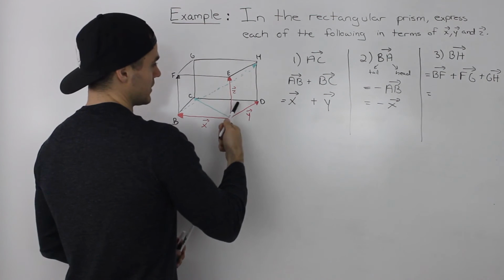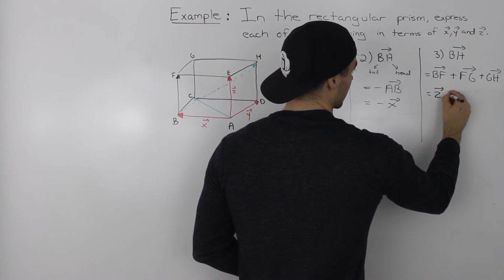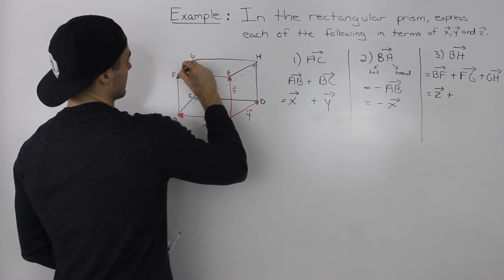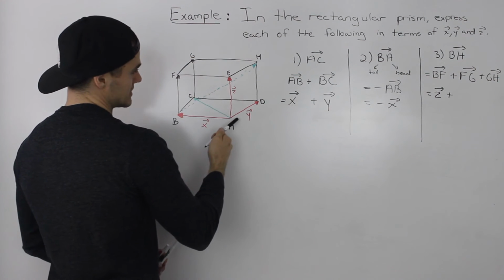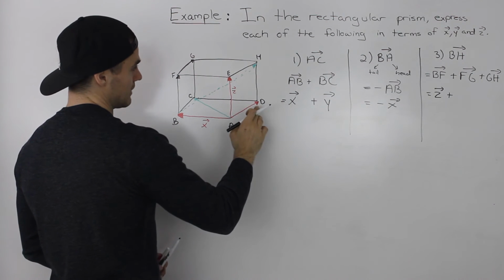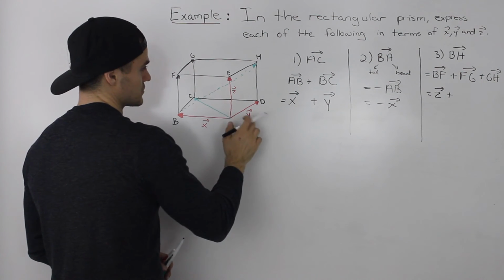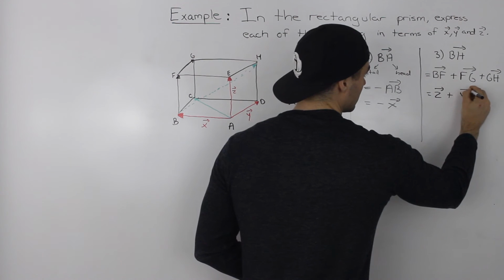So BF we could rewrite as vector Z. Now vector FG, this vector here, if you think about it, it's equal to vector Y. It has the same length, and it's going in the same direction, so it's an equal vector. So FG we can just rewrite as vector Y.